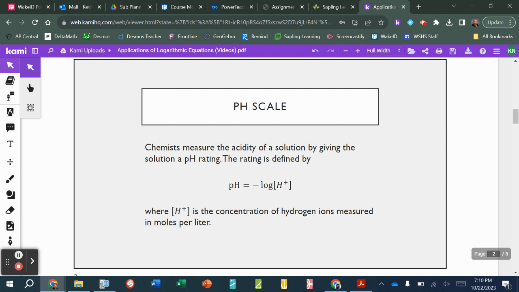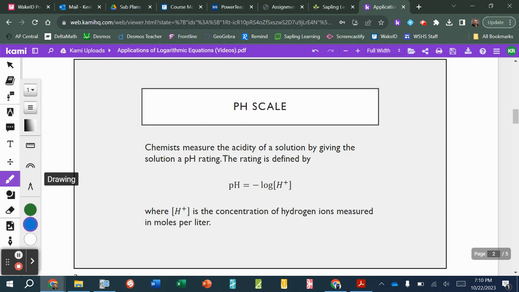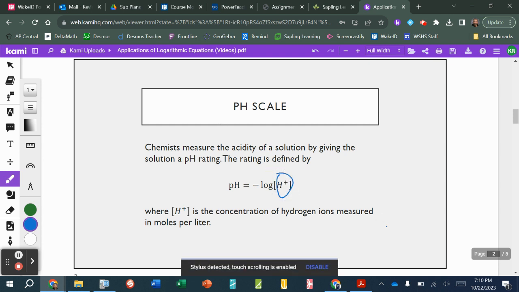The scale that he invented: pH is equal to the negative common logarithm of what's called the hydrogen ion concentration. So that's what the H plus is here. This is the hydrogen ion concentration, so let's label that.